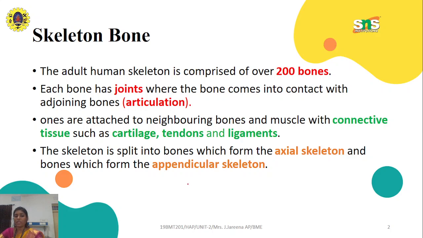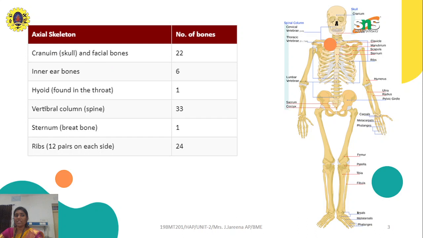Actually, the overall skeleton is split into two: one is the axial skeleton, another one is the appendicular skeleton. They have been split based on the region. In the axial skeleton, these bones are the cranium, facial bones, inner ear bones, hyoid bone, vertebral column, sternum and ribs.